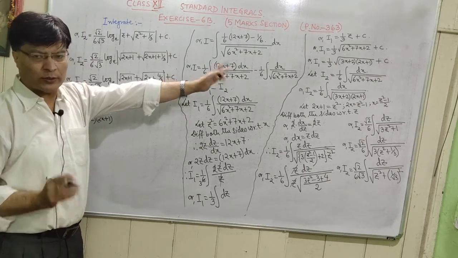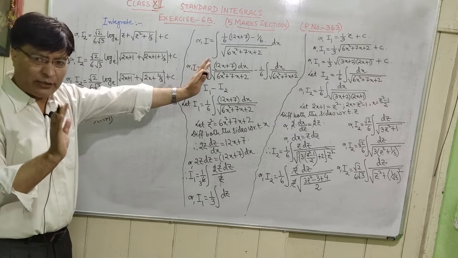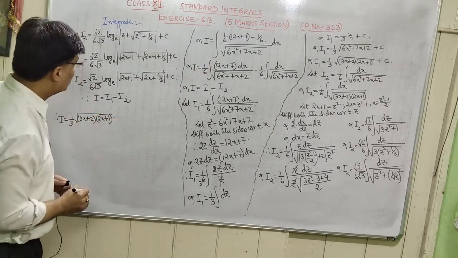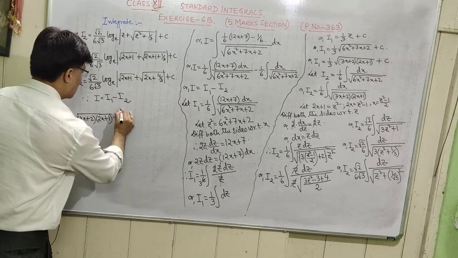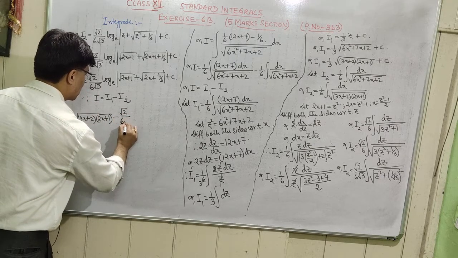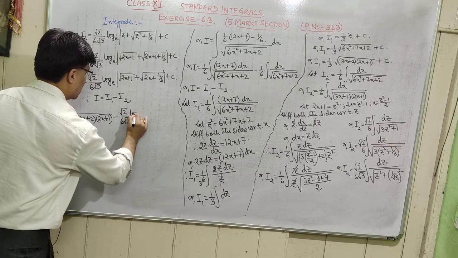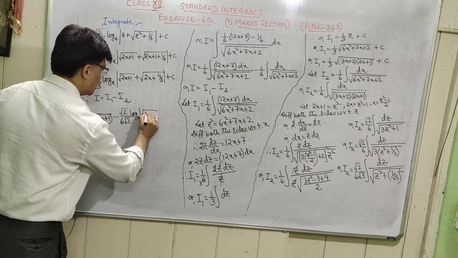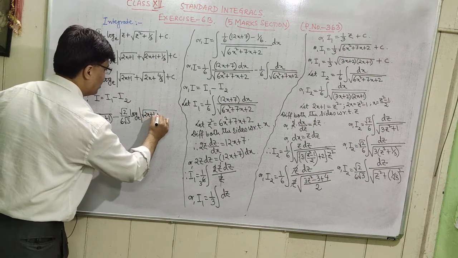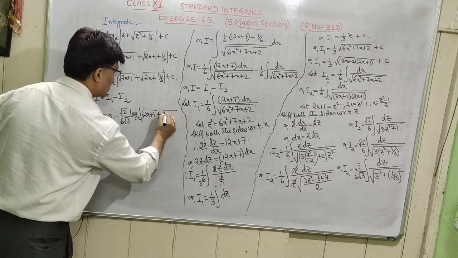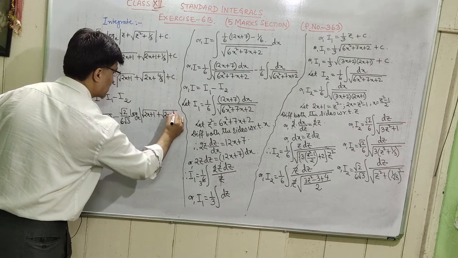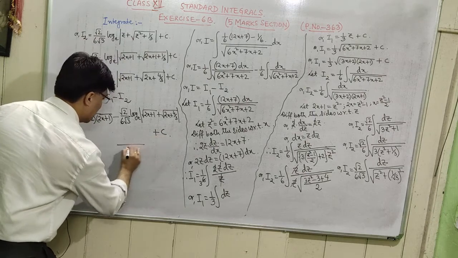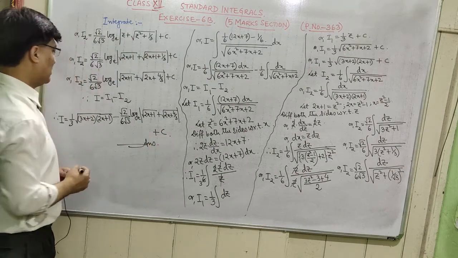You don't have to write c, only one c will do. Then minus I2, which we just got: root 2 divided by 6 root 3 log base e within mod root over 2x plus 1 plus root over 2x plus 4 by 3, mod sign closed, then plus c. So this is the final answer.